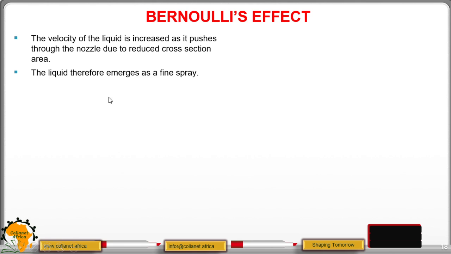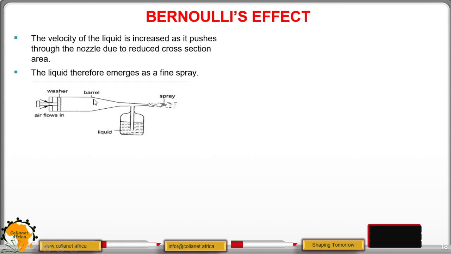The liquid therefore emerges as a fine spray, this one here. As you can see, when you push this in, the washer is pushed in through this part. It means that at this particular point here, the velocity would be very high, and this will create a region of low pressure.